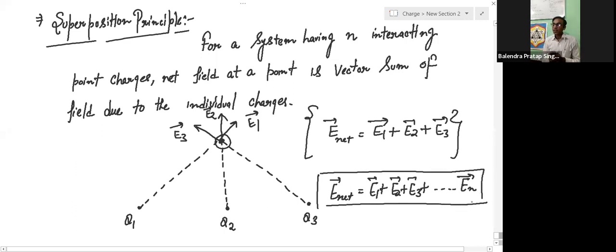Okay, so today I'm stopping here at the superposition principle. It's not completed yet. Today I just gave you the statement, and then the numericals. I will discuss a lot of problems over this superposition principle, so that you have a clear understanding and a clear idea of how to take vector addition of more than 1, 2, or 3 electric fields.